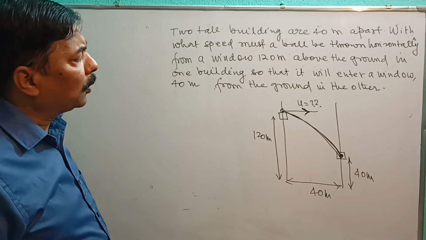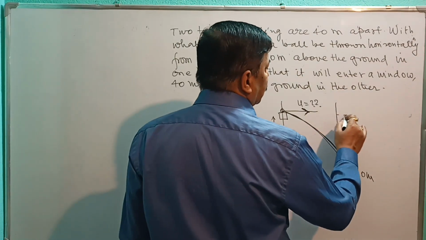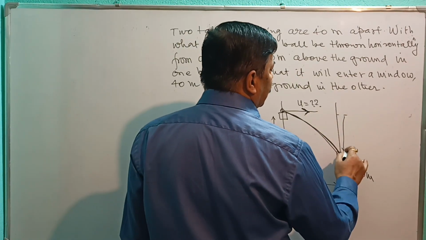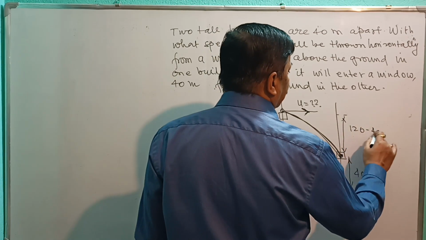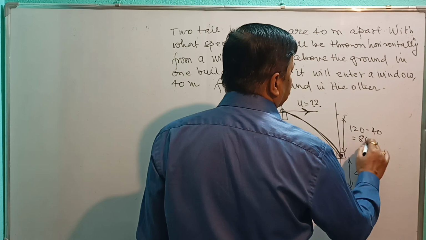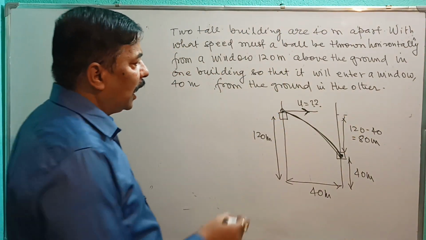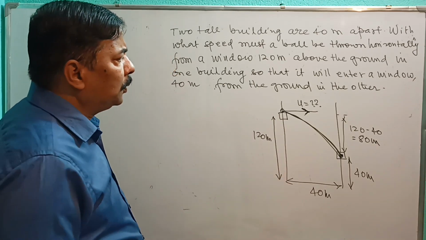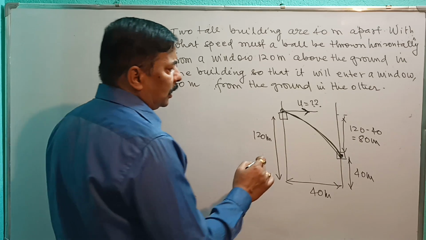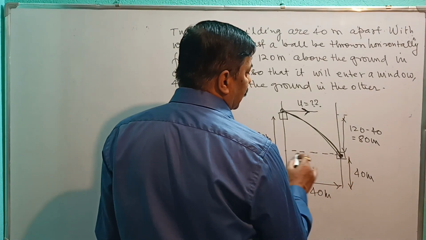If you think about this question, then this height will be 120 minus 40, that is 80 meter from above, and this height is 120 meter. Now, in covering this distance, horizontal velocity is constant.